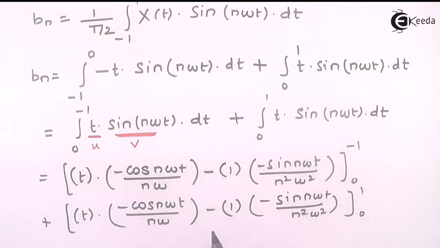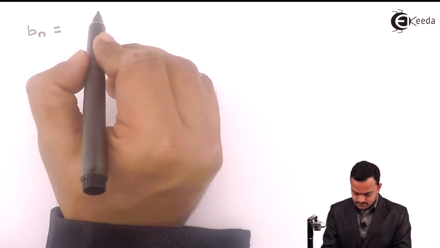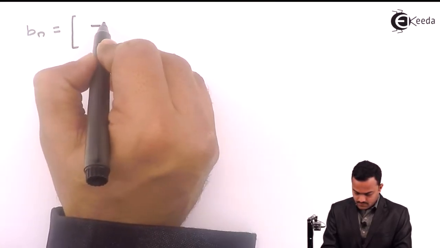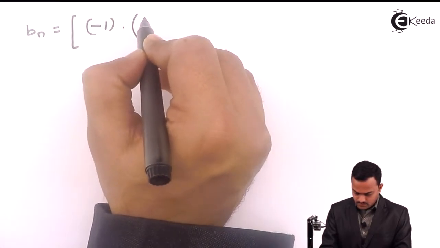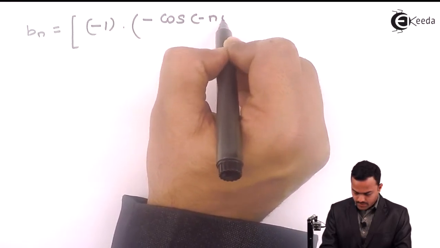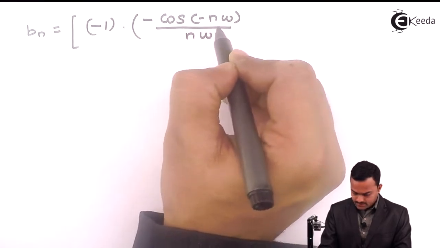So let's apply the limits to get Bn. So Bn will get as minus 1 into minus cos minus n omega upon n omega.